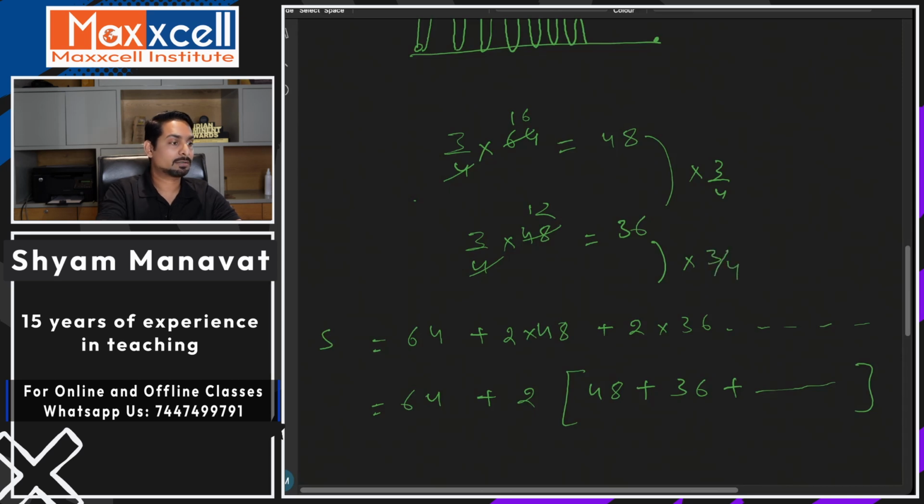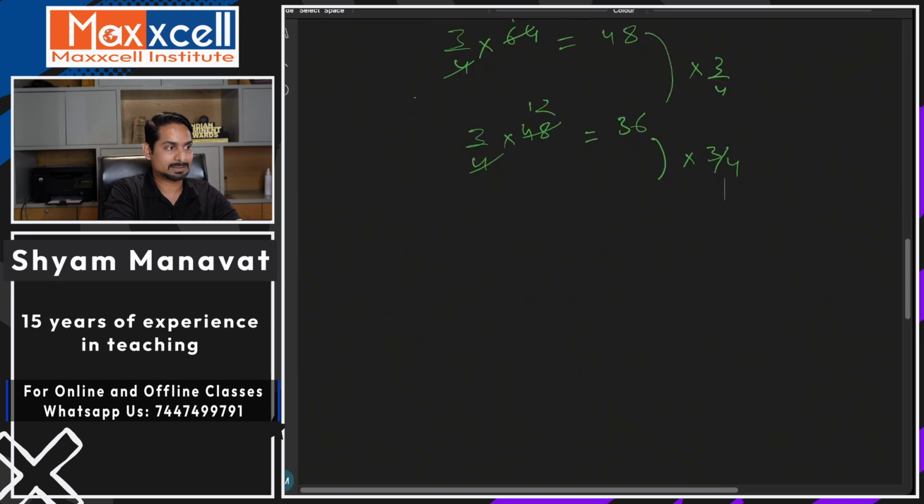So if you try to find the common ratio in such a case, the common ratio here will be 3/4. Do you agree with me? If you find the next term, you are multiplying every time by 3/4. That's the geometric progression, right? You keep multiplying by the common ratio.